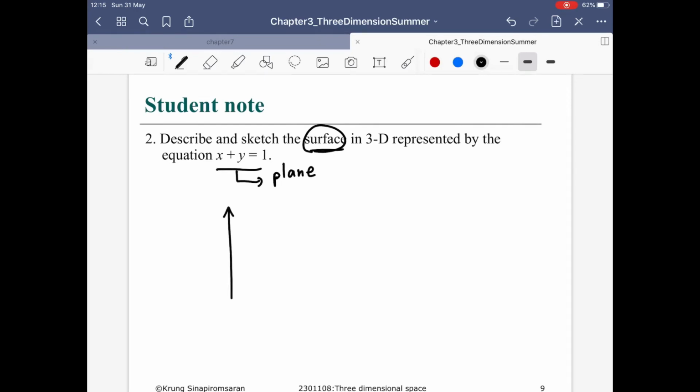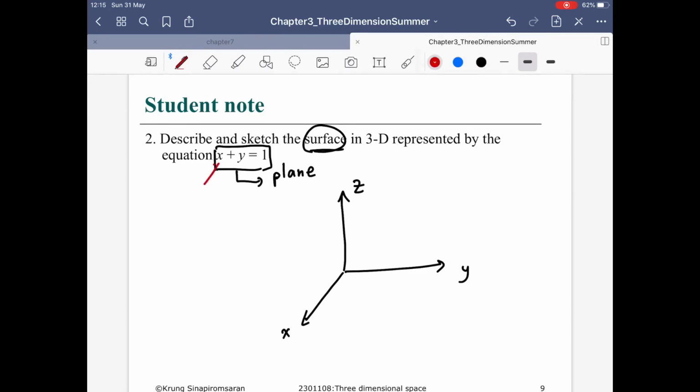So this one, let us determine the z-axis, the x-axis, and the y-axis, like that. Okay, and this one, there's no z, so it is simply saying that your z can be any number. Okay, so you are going to concentrate on the x and the y first.